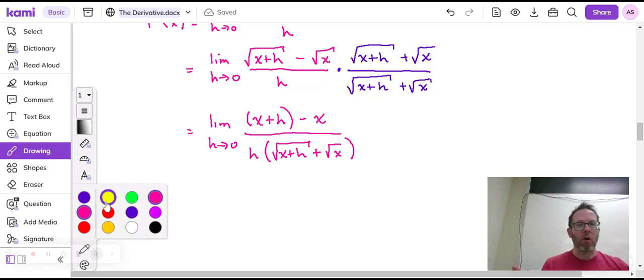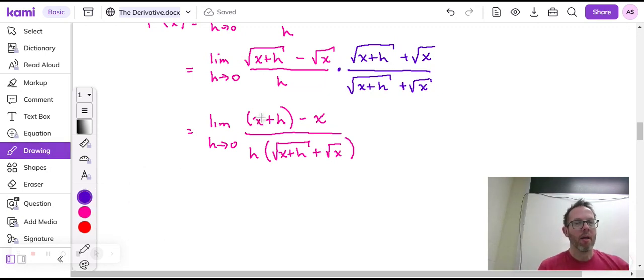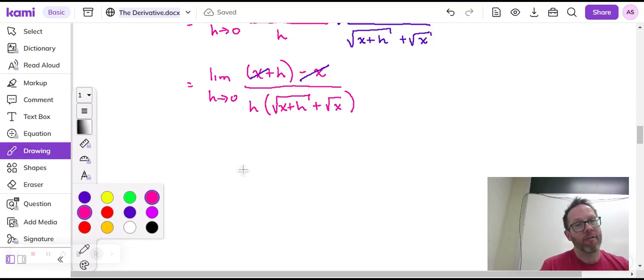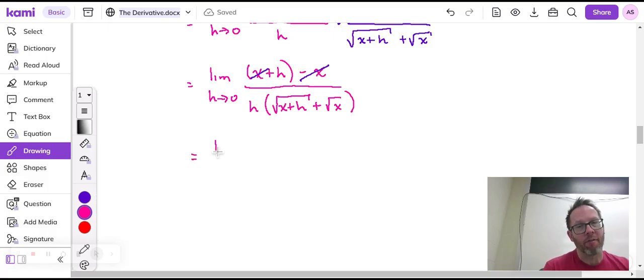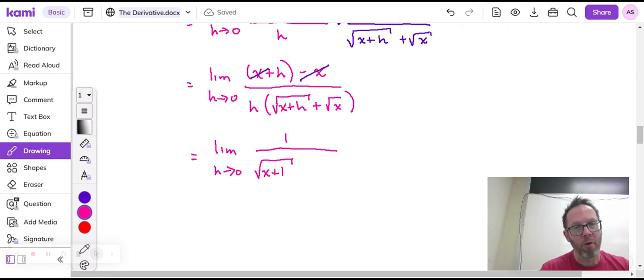I can see I have x minus x, that's 0. And I'll have h over h, which is equal to 1. I can maybe save a step and do those two things at once. x minus x is 0, h over h is equal to 1, and I'll be left with 1 over the root of x plus h plus root x.